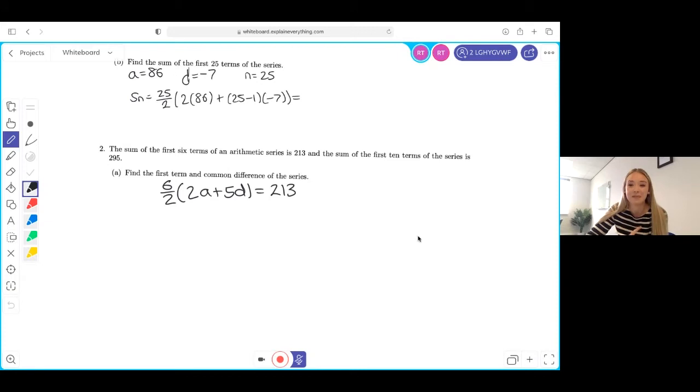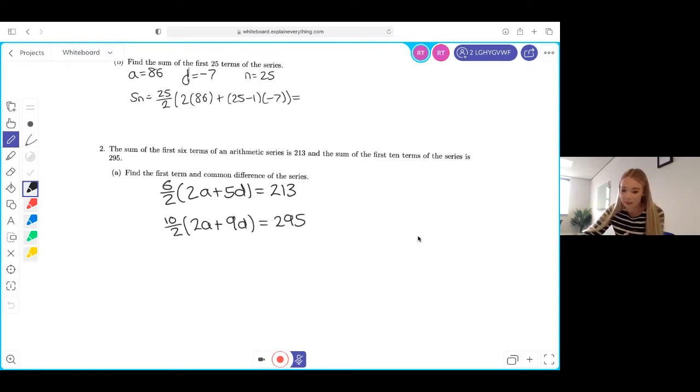The sum of the first 10 terms of the series is 295. So when n is 10, n over 2 times 2a plus n minus 1 will be 9d. That sum is 295. And again, we've just got some nice simultaneous equations here.